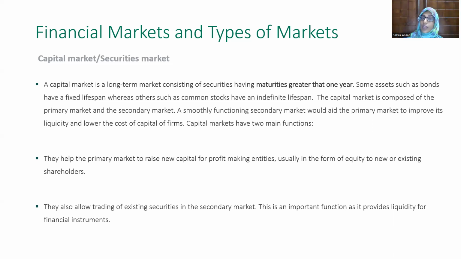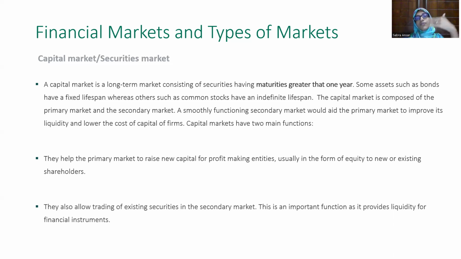So now let's look at the two main functions of a capital market. So what are these functions? The first function is they will basically help the primary market to raise new capital for profit-making entities. Usually this is in the form of equity, which could be new equity, or something related to existing shareholders.